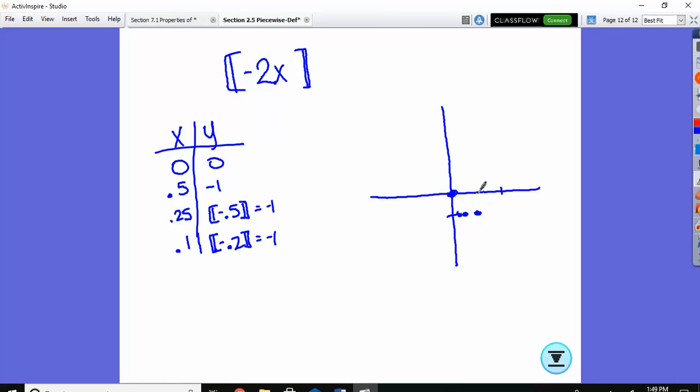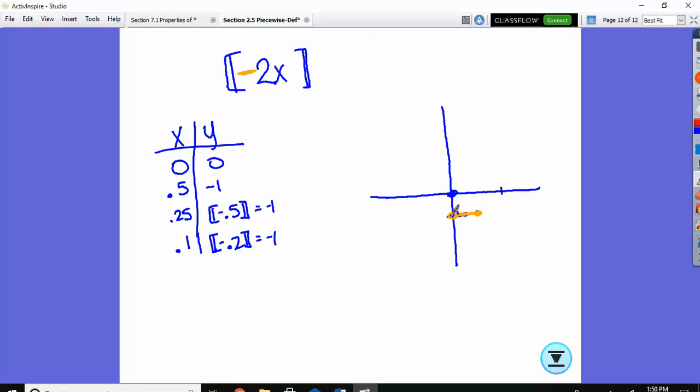Step all the way up to 0.5 here. Where's my open circle going this time? Below. Because of the negative, it flipped my open and closed circles. So this step has my open circle on the left, my closed circle on the right. We had negatives before and it didn't do that. No, it's because I had a negative on my x to begin with.